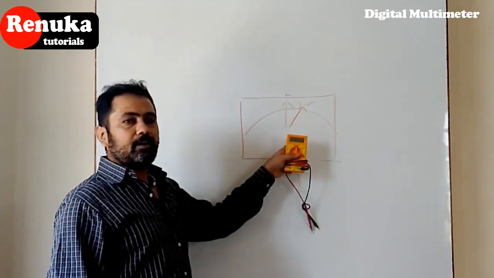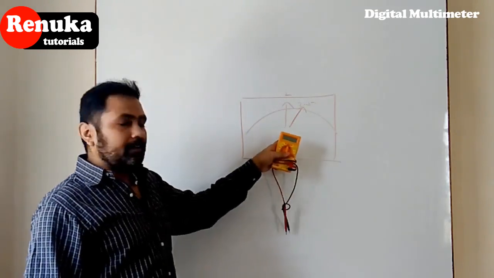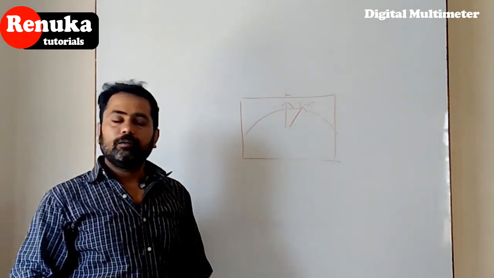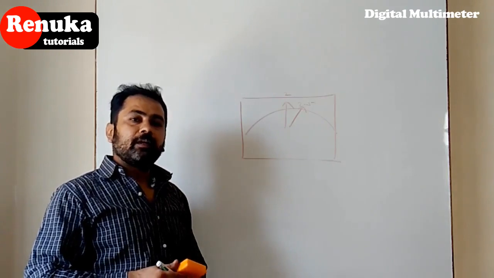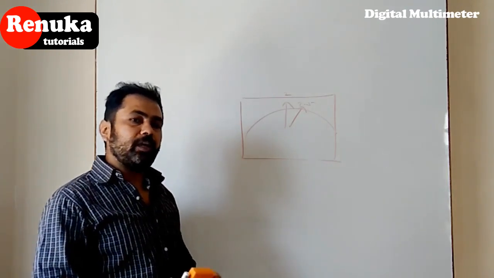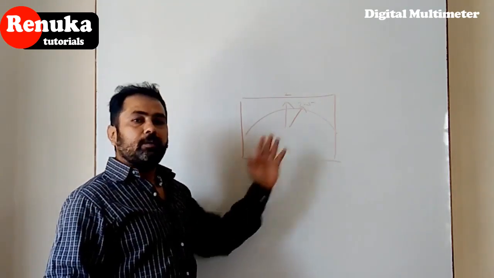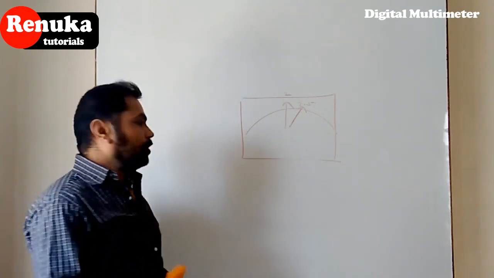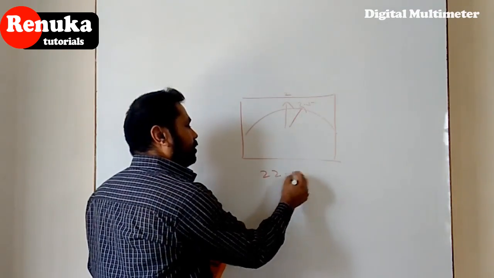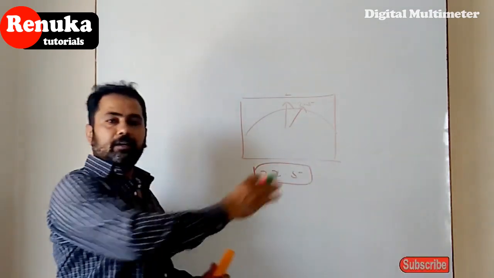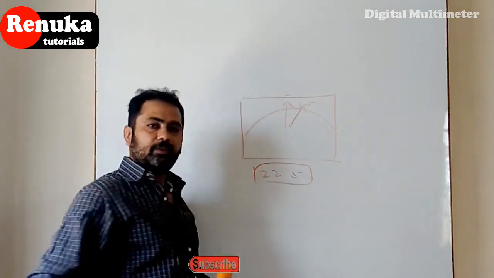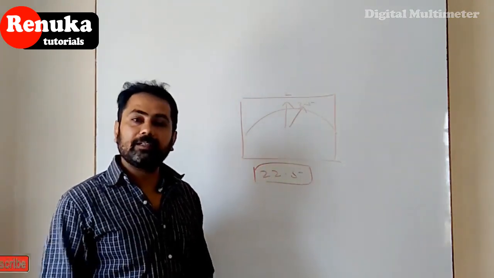So this is the error. So while taking the reading from an analog meter, we have to keep our side parallel to it. But in a digital multimeter, these digits will be shown here, and from anywhere they will show the same. So this is what parallax error is.